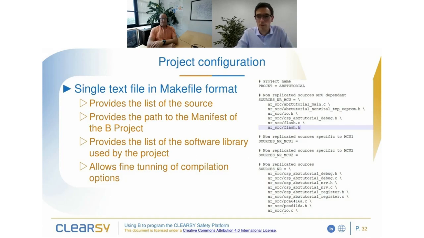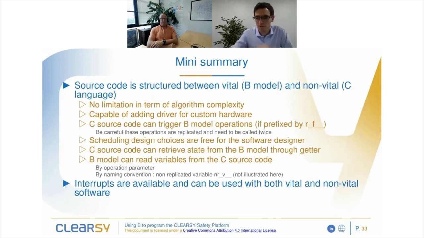And once you have done everything, one slide with a short summary of what we have just seen. The source code is organized in two parts. One is safety critical and written in B, and one is non-safety critical and written in C. You have no limitation in terms of algorithm complexity for both the B part and the C part.